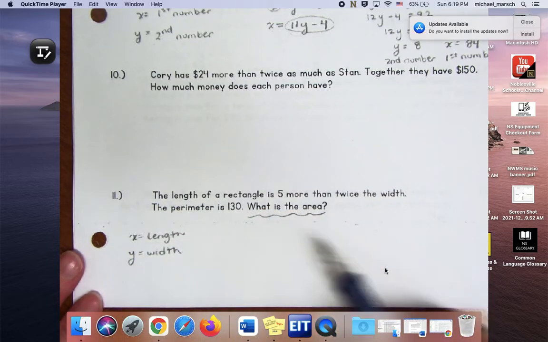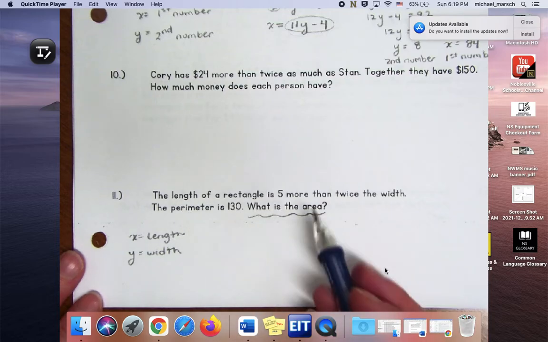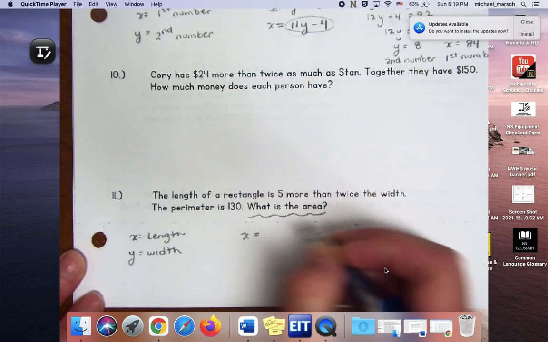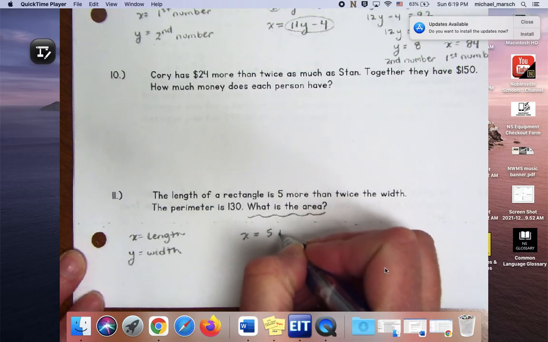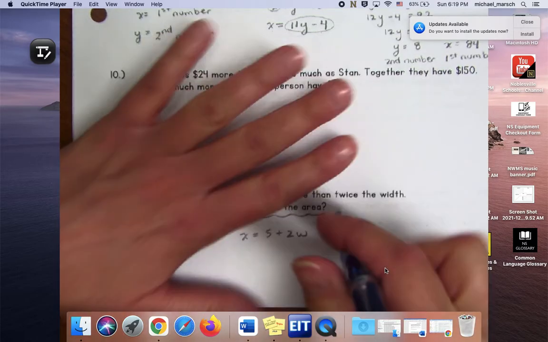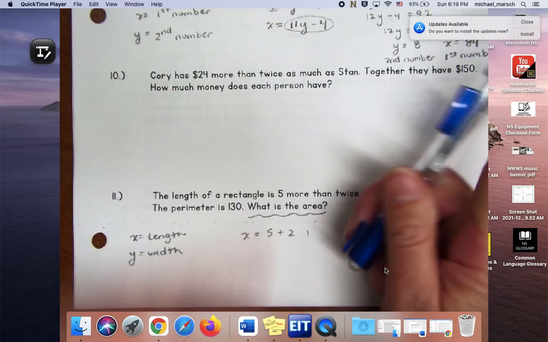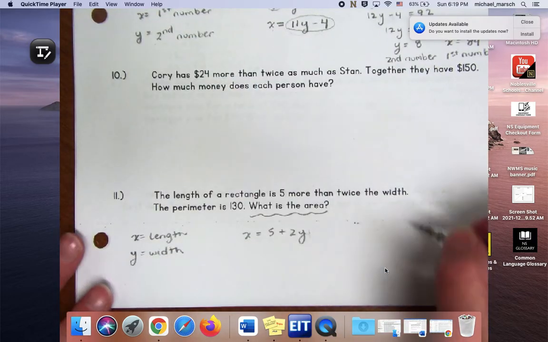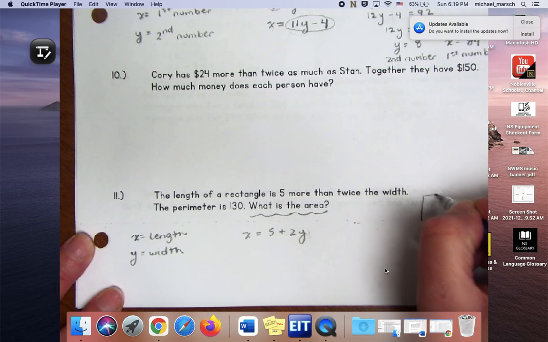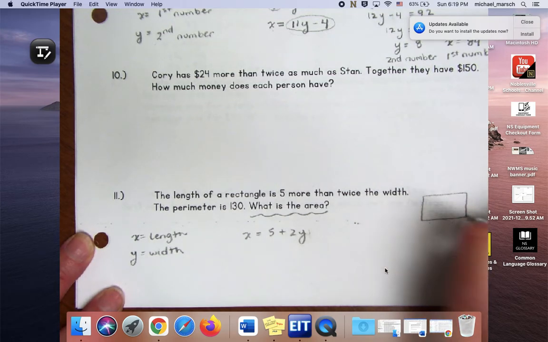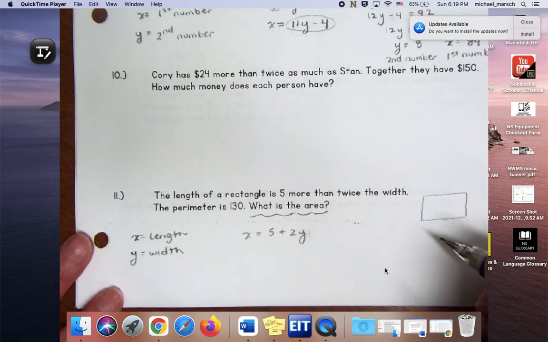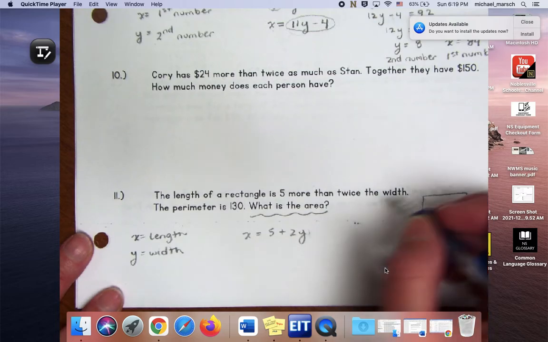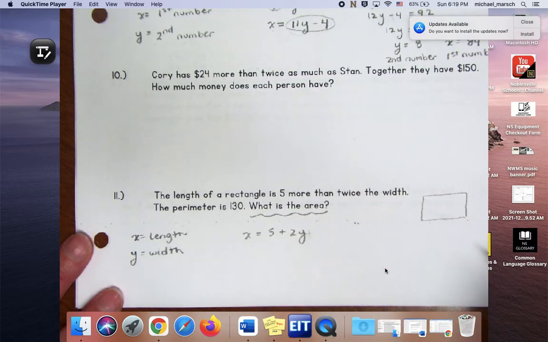Okay, so the length of a rectangle, so x is 5 more than twice the width. There we go. And if I had to draw a picture, which I highly recommend you do, we've got length is 5 more than twice the width.